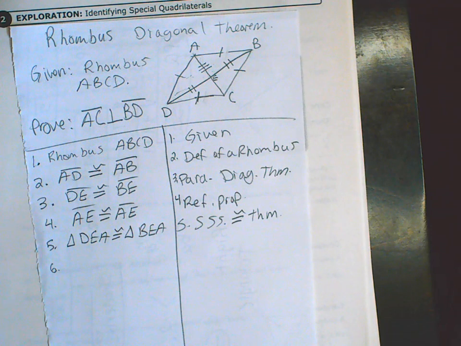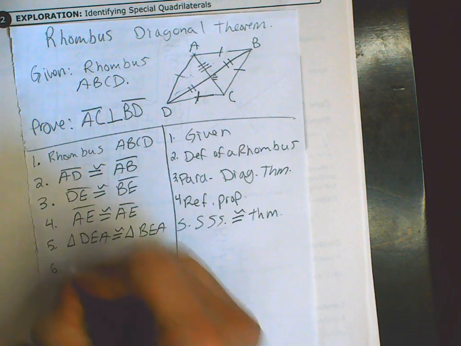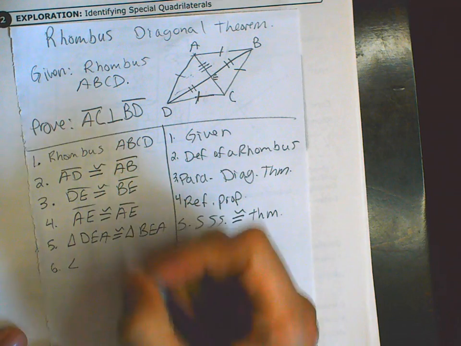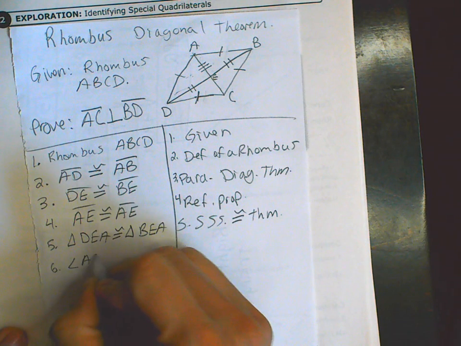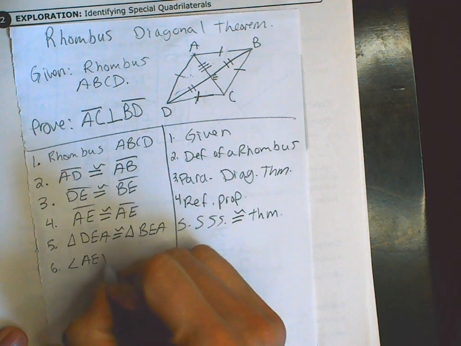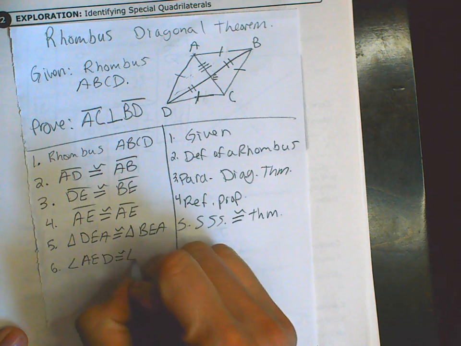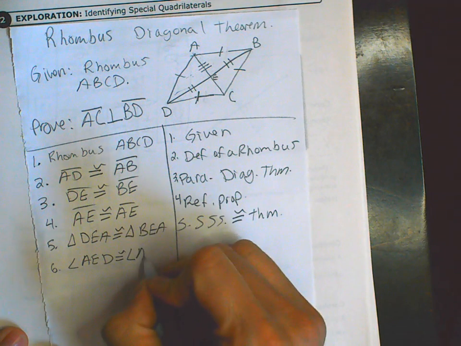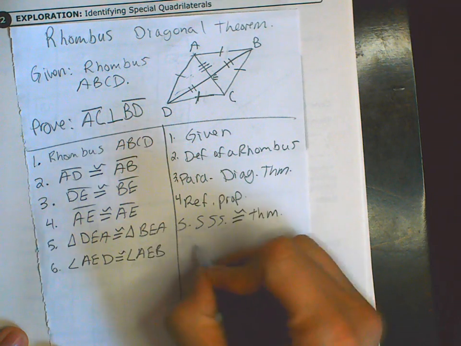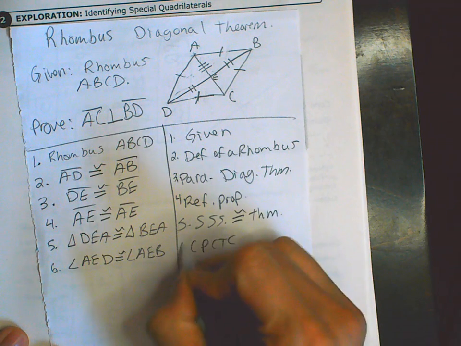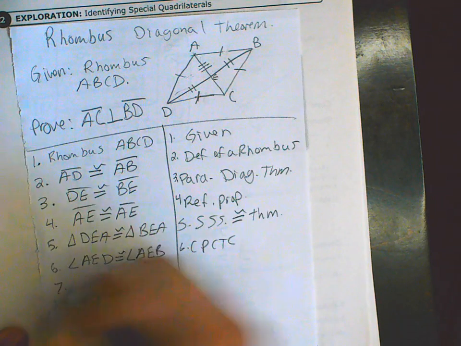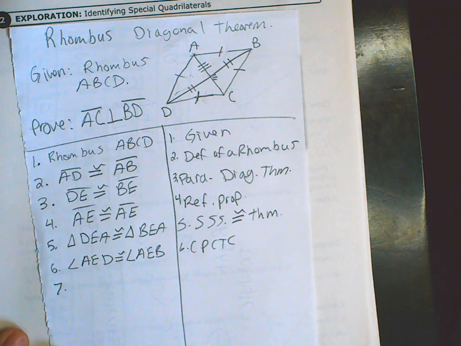Okay, so because those two triangles are congruent, those two angles by CPCTC are going to be congruent as well. So you're going to have angles AED congruent to angle AEB. Why? By CPCTC. But also, they are a linear pair.